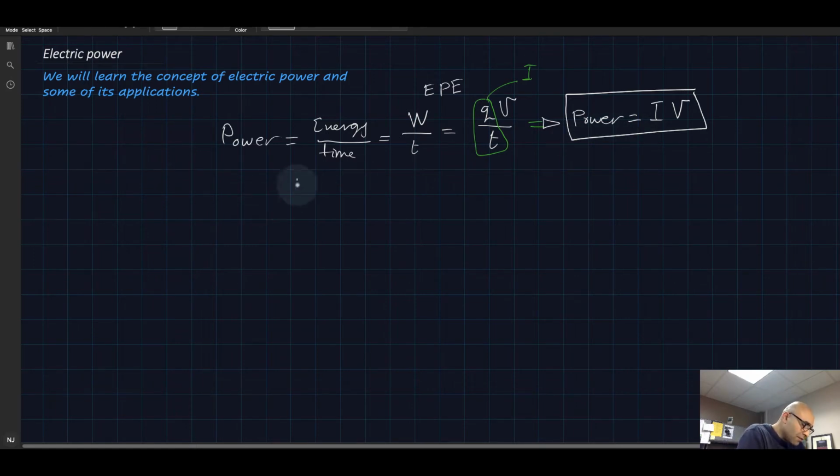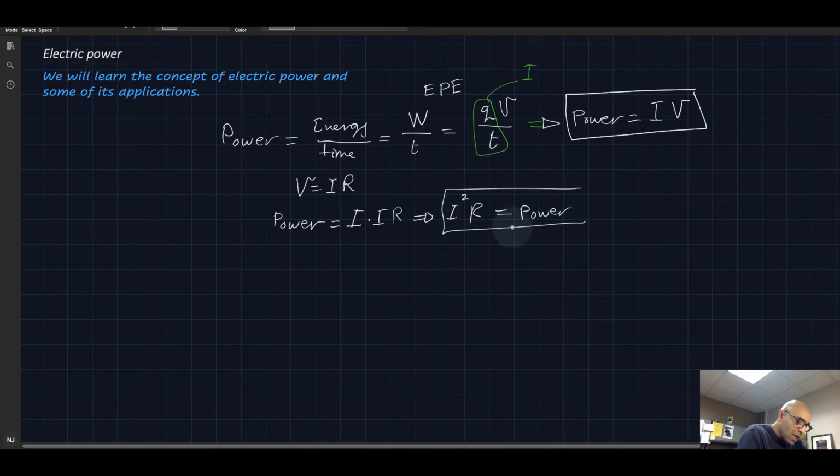Since V equals the current times the resistance, then we can plug in V here. So power is going to be equal to I times V, which is I times IR, and that ends up to be I squared R. So that's another form for the power. Okay, is there a third form?